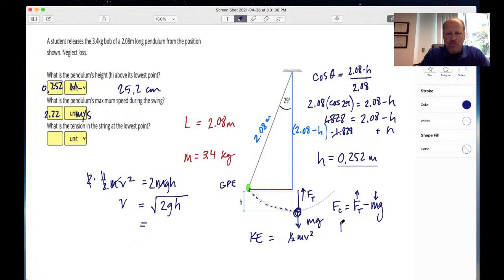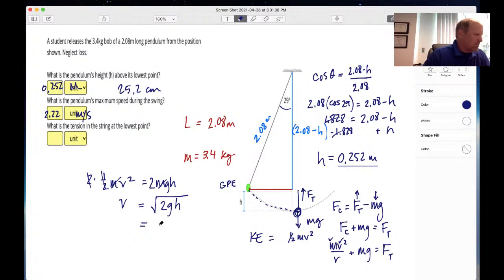So the centripetal force plus mg is equal to the tension force. Now, centripetal force is mv squared over r, plus mg is equal to the tension force. We know m, we know v, we just calculated v, and it works out to be 2.22 meters per second.